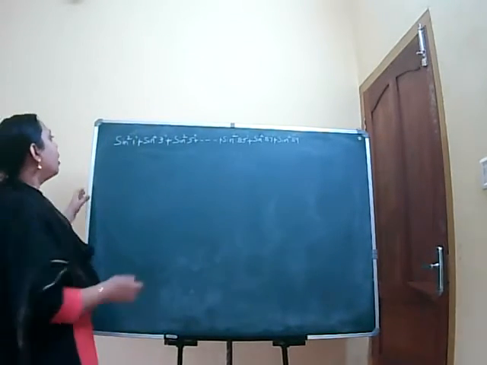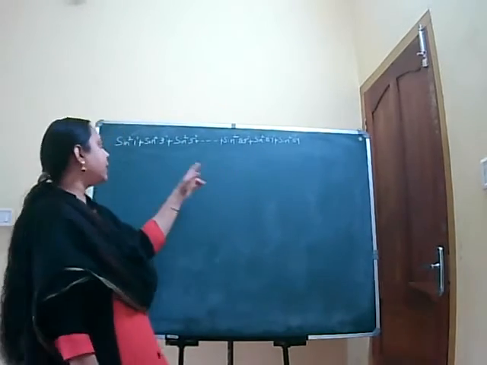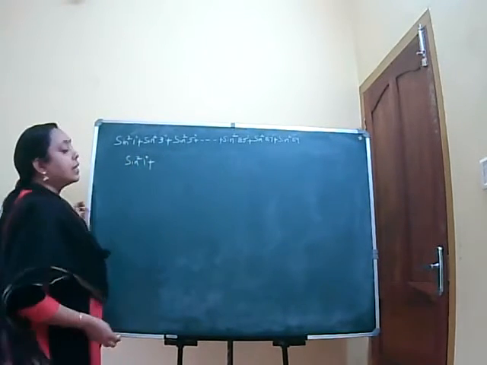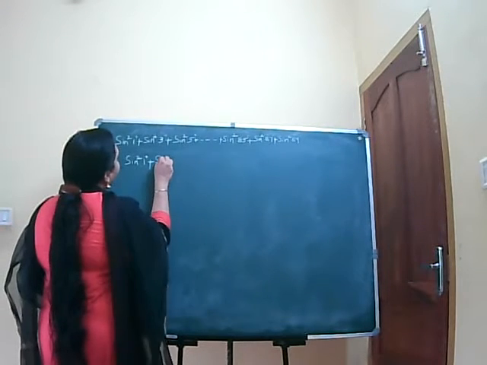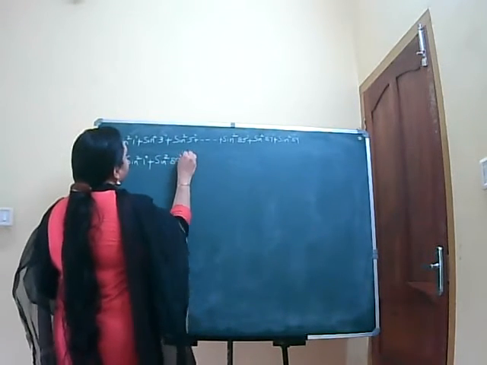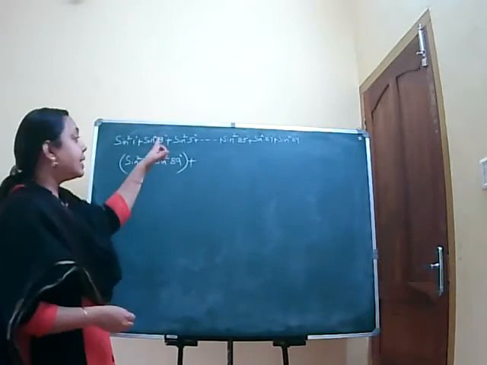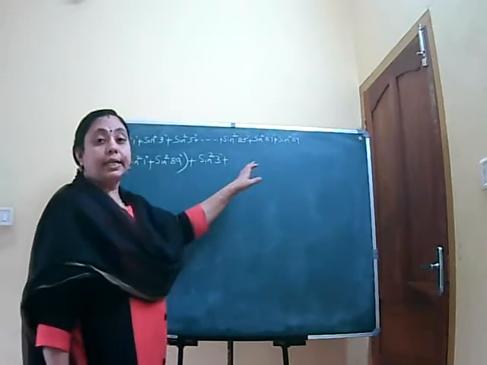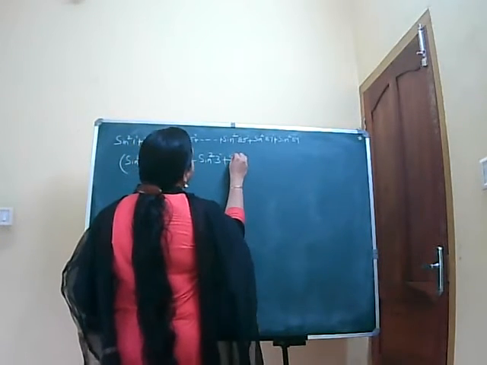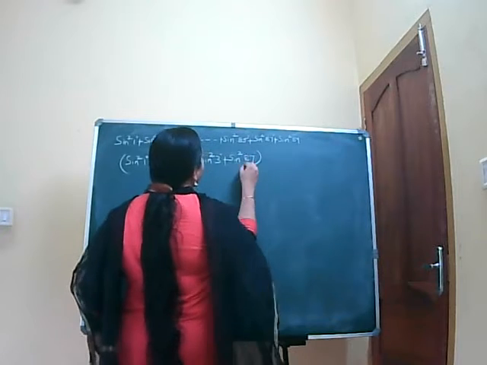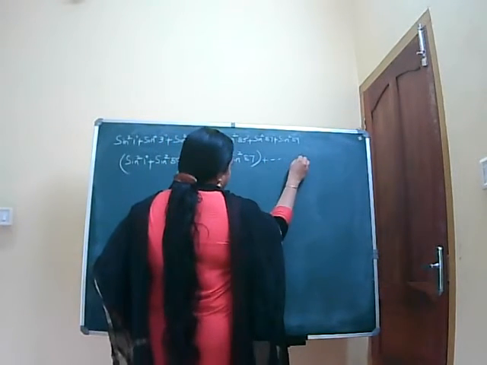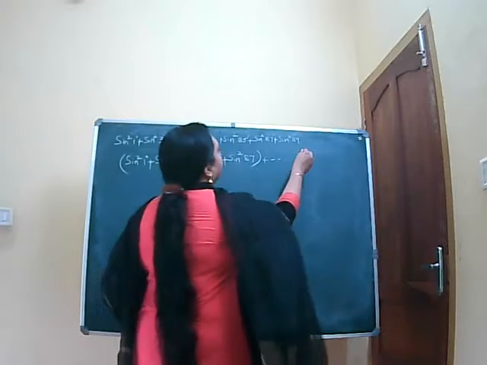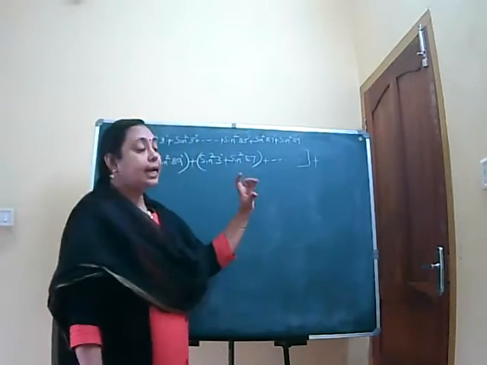Okay, let us see. First of all, rearrange this expression as first term plus the last term plus second term plus the second last term plus etc. In similar manner, we get 22 pairs and an extra term.